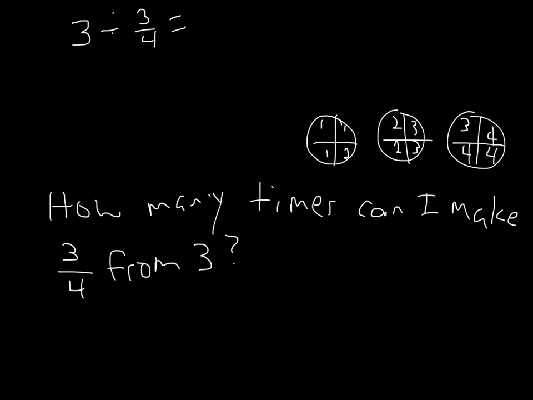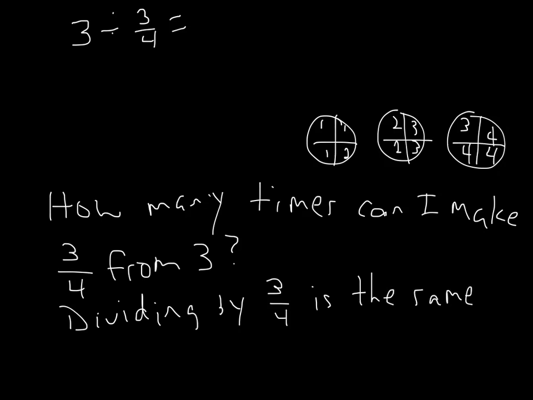But I don't think you want to do that on every problem you run across. And so let's see if what we've applied on earlier problems can work on this problem. And so earlier we've said that we can actually make a statement that says like this: dividing by 3/4 is the same as multiplying, and you recognize this statement very well by now, by, and this is where we should put the reciprocal of 3/4.